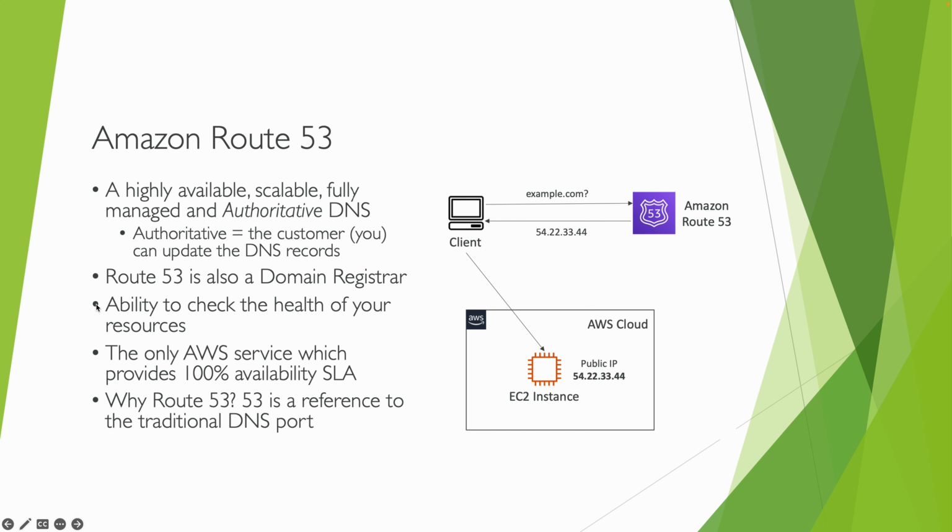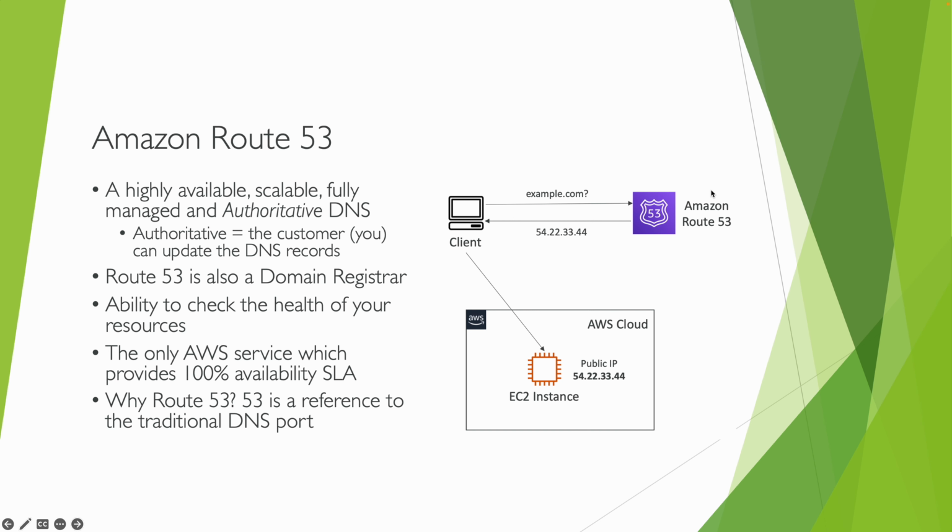Okay, so there is the ability to check the health of your resource. The resource which you are using in Route 53, that means the DNS records, you can check the health: are they connecting, are they healthy or not? You can check the health of the resource which is connected to Route 53. For example, here I have connected to an EC2 instance, so I can health check this particular instance, whether it is running or not, using Route 53.